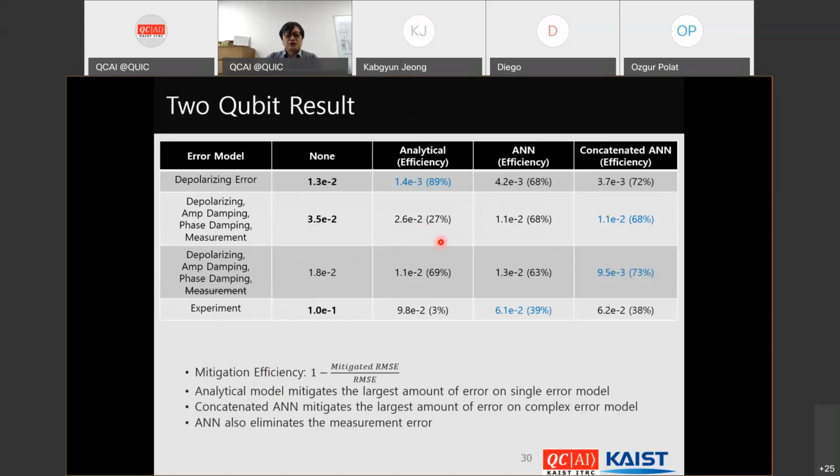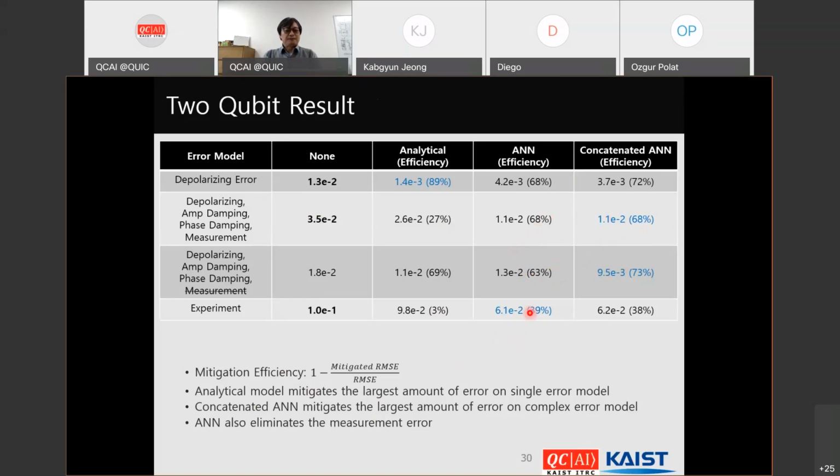If we apply this to the simple 2-qubit case, we can decrease the errors by 68%. This comes from simulations with the error model.